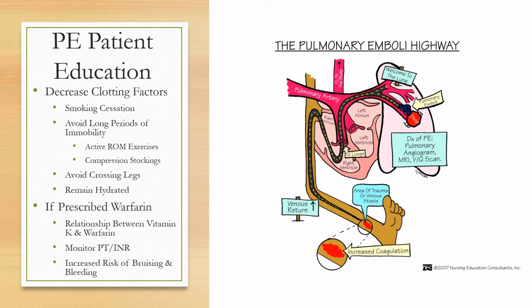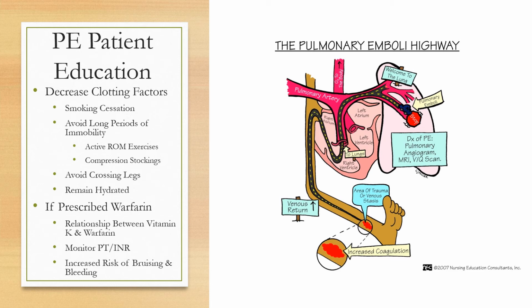That's immobility, obesity, congestive heart failure, anything that's slowing down the blood flow back to the heart. And injury to the vein. So a trauma to the leg, a crush injury to the leg, a previous DVT, anything like that that's injured the vein in the past can lead to development of a DVT. Okay, Virchow's triad.